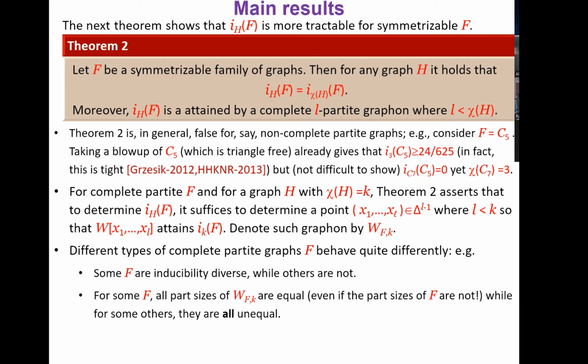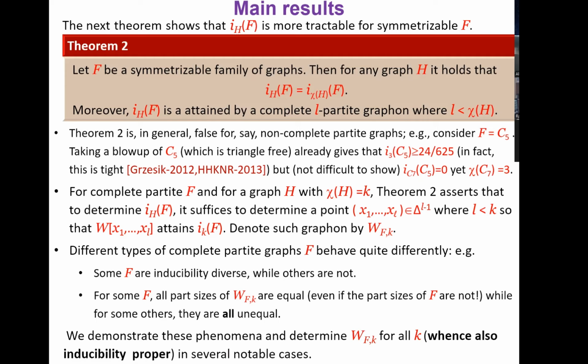While for some others, they will all be non-equal. And I'll try to demonstrate this phenomenon in some cases. And the point is that we will be able to compute W_{F,K} as K varies to infinity, and this will mean that we can compute the inducibility proper without restriction. This will be the point.